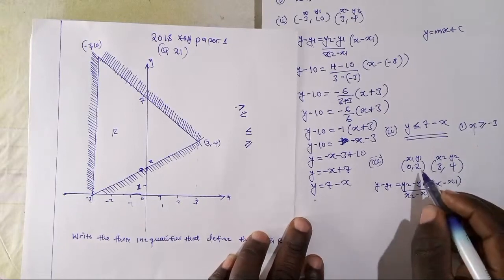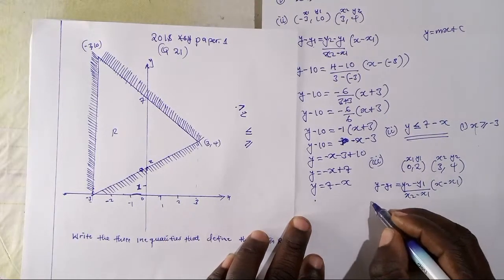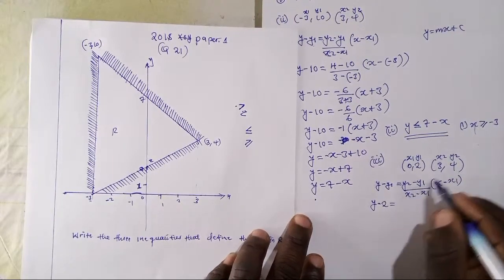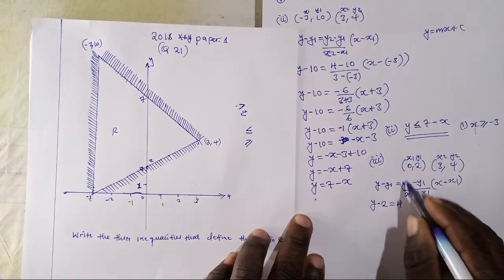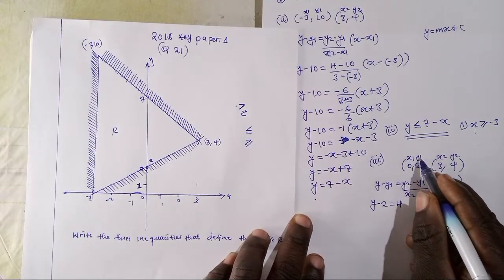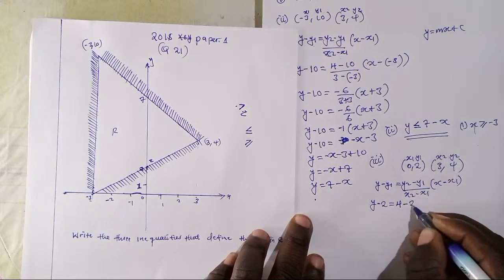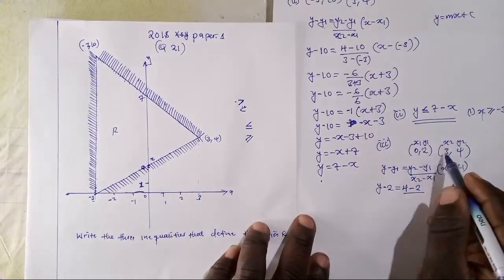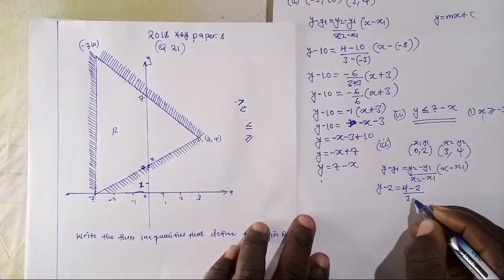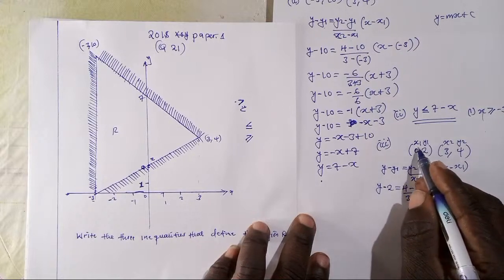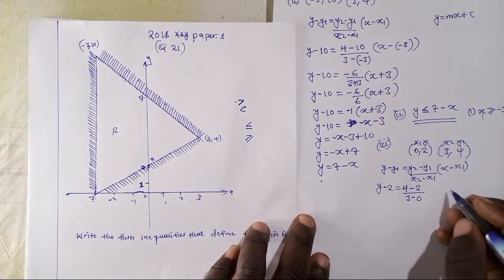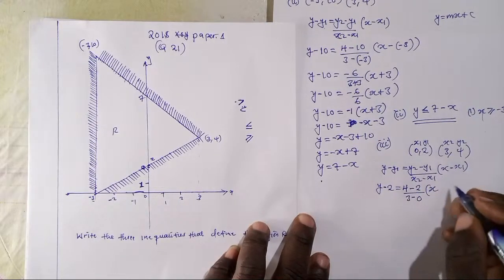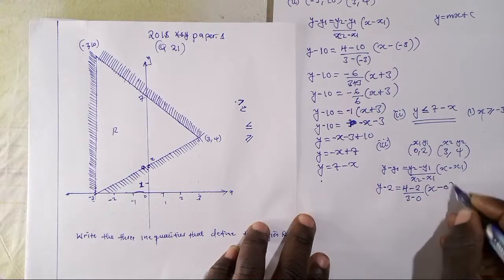Then let's substitute now. Where is y1, we have 2, so we have y minus 2 equals, where is y2, we have 4 minus y1, we have 2, over x2, it is 3, minus x1, which is 0, right? Then open bracket, x minus 0.